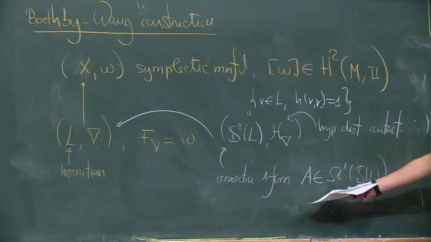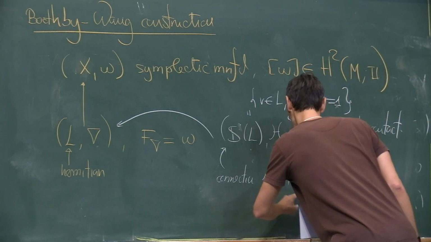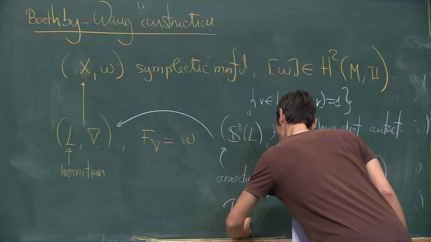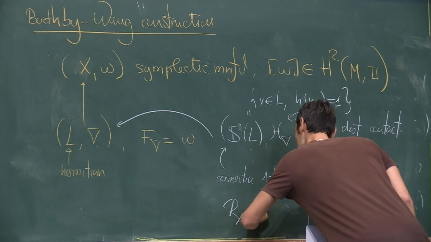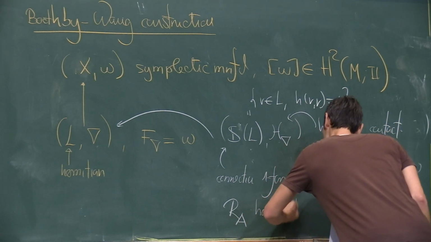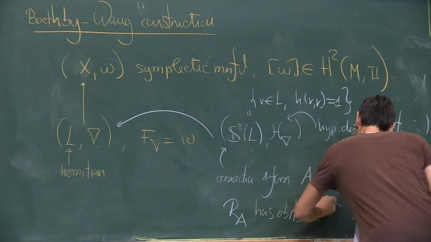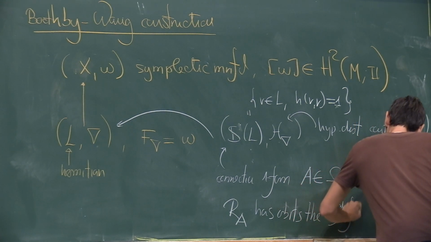And it's a contact one-form. And if you look at the Reeb vector field of this contact one-form, this is the infinitesimal generator of the S^1 action. So all the Reeb orbits are closed. They are the fibers of this. So it has as orbits the S^1 fibers.